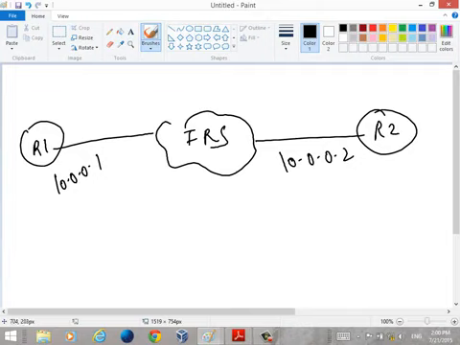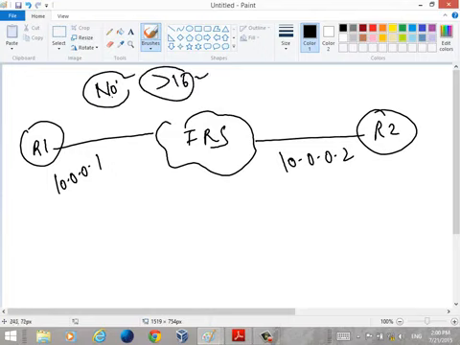R1 must know which DLCI. DLCI is just a number which must be greater than 16. Why must it be greater than 16? It is a predefined thing. You cannot change it. Fine. So let's say I am using DLCI 102. Now R1 must know that it must use DLCI 102 to reach R2.